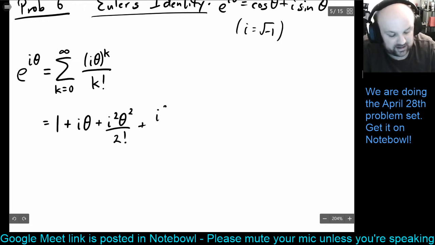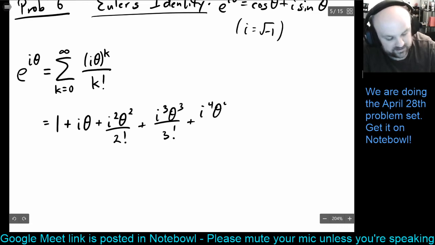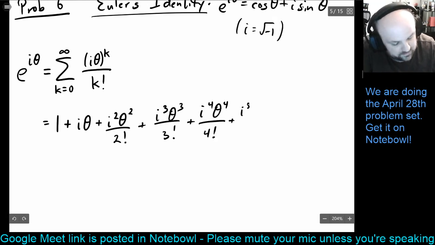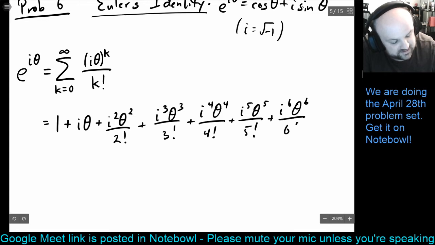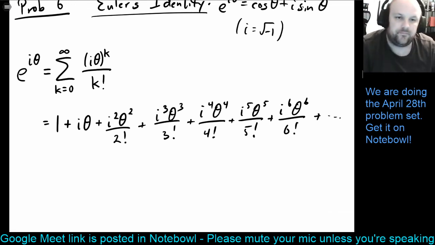And then i cubed theta cubed over 3 factorial. This won't be super interesting yet. i to the 6 theta to the 6 over 6 factorial. Maybe that's enough.